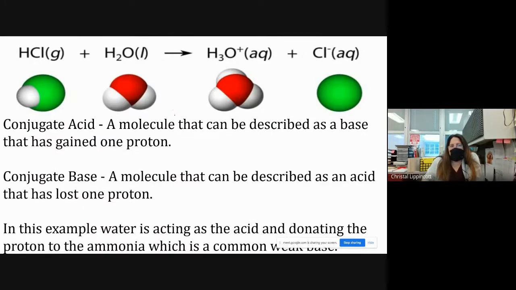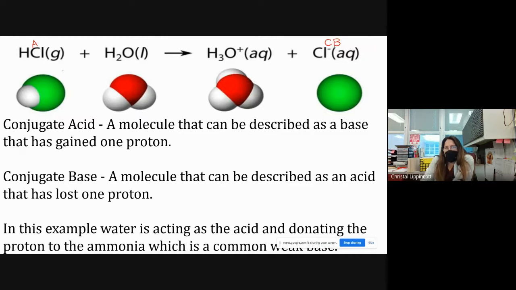So when we look at these and we're trying to figure out what the definition of an acid and a base are, we look in terms of those hydrogen ions. Okay, so here, for example, we've got HCl. This H, it's going to get donated to this water and form this. So this is an acid, and this is the conjugate base of that acid.